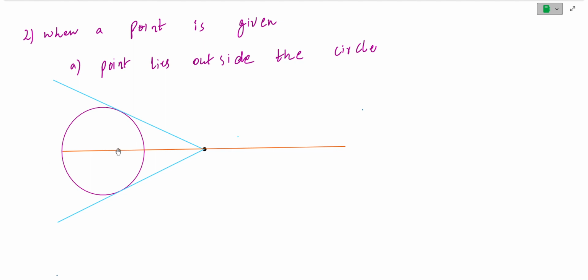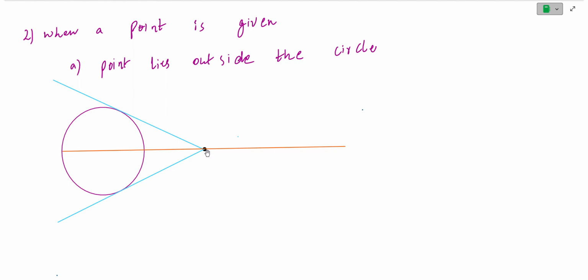So first let me take the case where the point lies outside the circle. As you observe here, the point is given outside the circle, and a circle is given. Can we draw a tangent passing through this point to this circle?